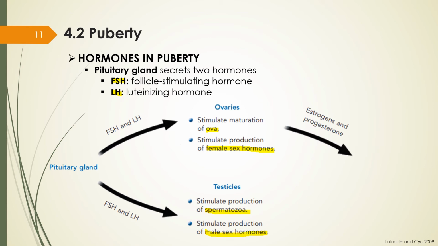So in the human, this ovarian stimulation, remember, stimulates the production of female sex hormones. So what are the names of the female sex hormones? Estrogens and progesterone. Okay, so these are the two hormones that the ovaries release. And in men it is testosterone.